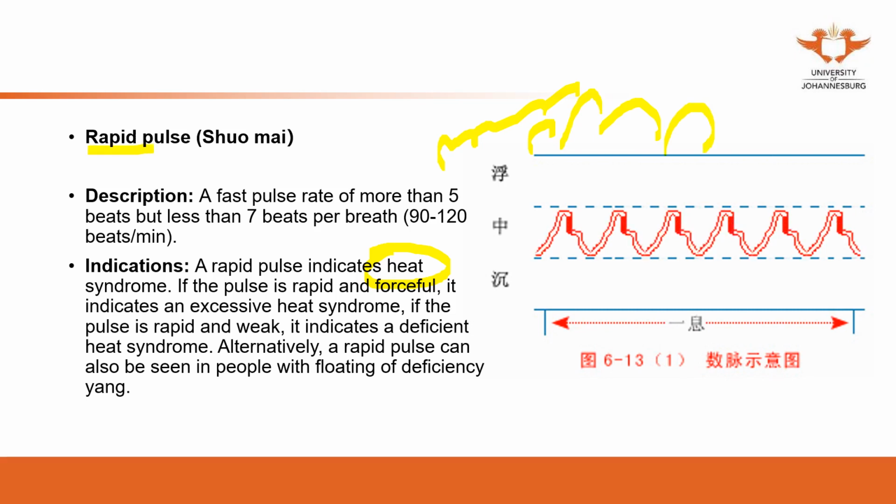That's like the rapid pulse. This is very similar because of the heat condition in the body. The heat condition in the body can increase the temperature of the blood. That's why the flow of the blood is faster, and the pulse can present as a rapid pulse.